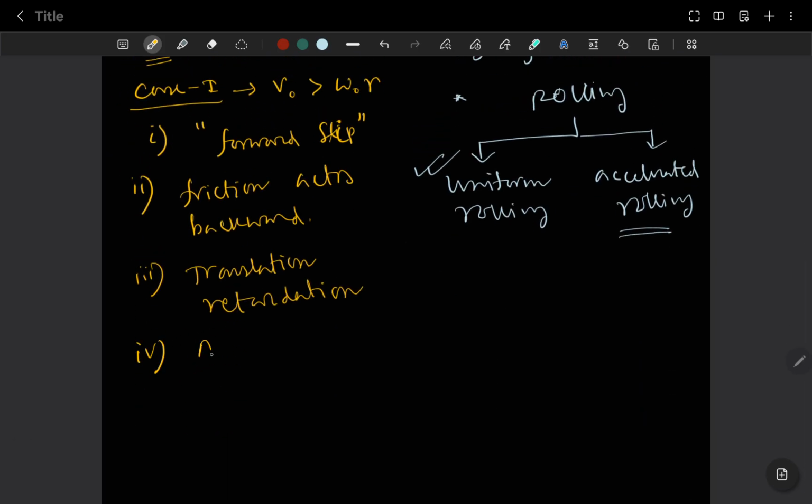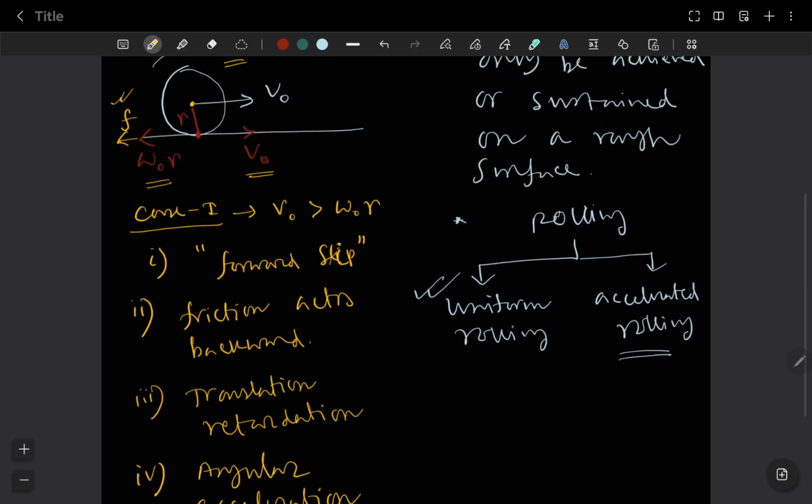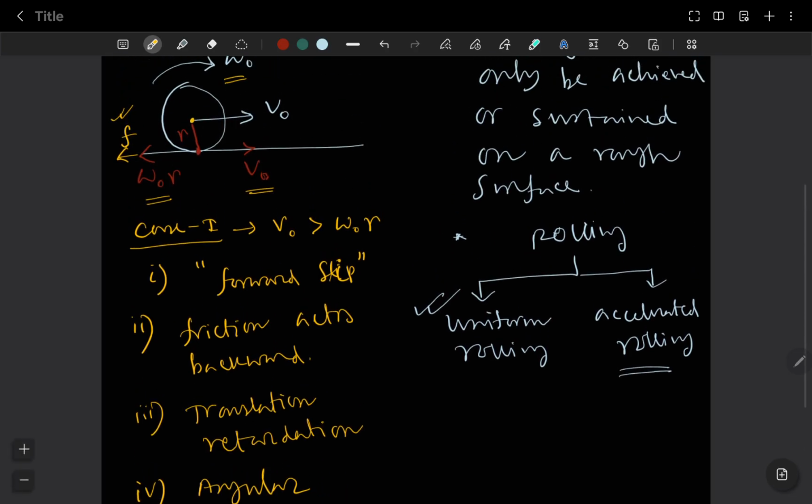Now you see, v0 was greater than omega 0 r. But because of translational retardation v0 is decreasing, and because of angular acceleration omega 0 is increasing, so omega 0 r will also increase.